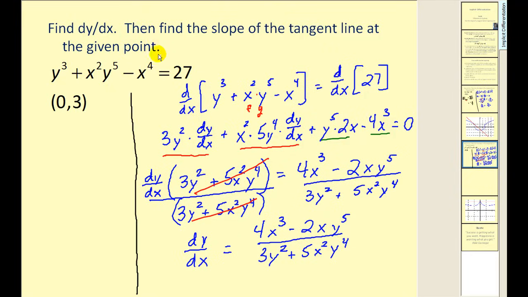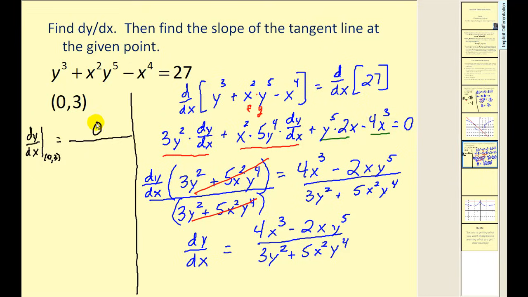Okay, the second part of this question asks us to find the slope of the tangent line at the point 0, 3. So we need to evaluate this derivative when x is 0 and y is 3. Now we may think that's going to be a lot of work, but since x is 0, if we take a look at this numerator, we'd have 4 times 0 cubed, that's 0, minus 2 times 0 times y to the fifth, that's also going to be 0.